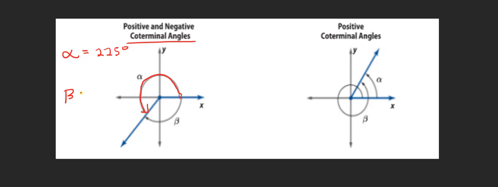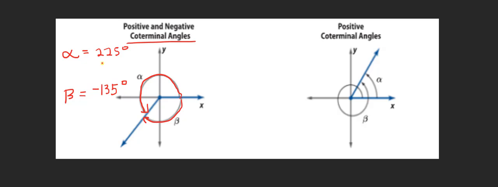What about angle beta? Angle beta, you're going clockwise, so it's going to be a negative angle. So it's going to be negative 90 and negative 45, which is going to be negative 135.